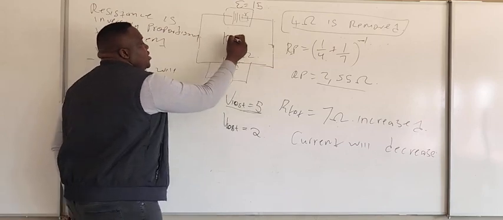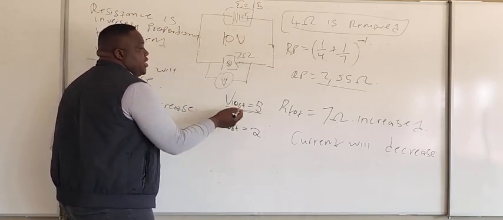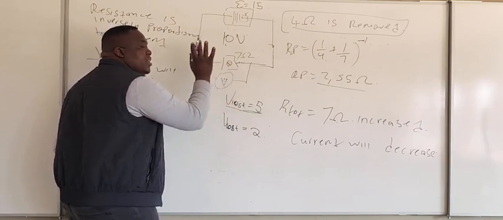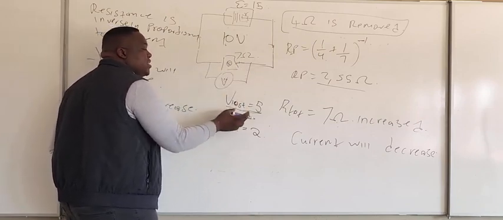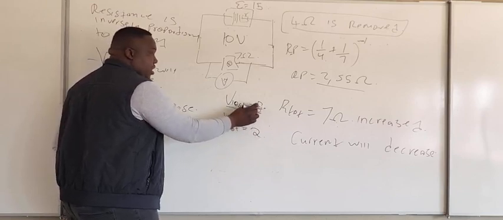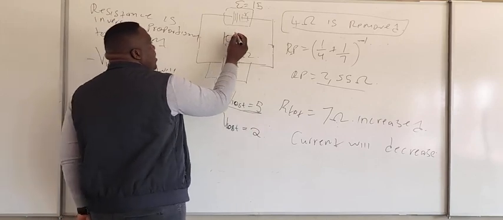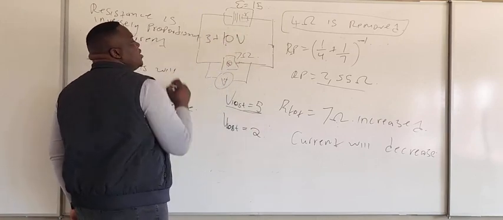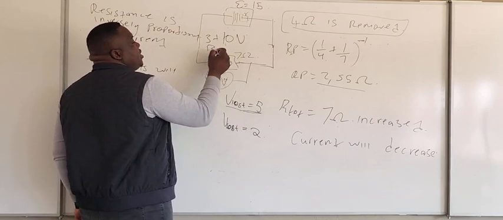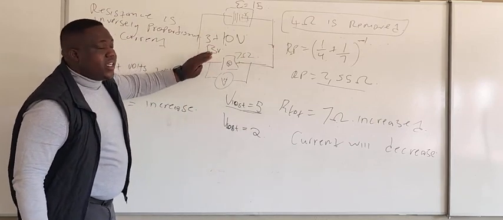It means here we have the 10V external, right? This time when we have decreased the current by increasing resistance, we lose 2. It means we'll remain with 3 from this 5. So it means here we're going to have what? 10 plus 3, which will give us 13.